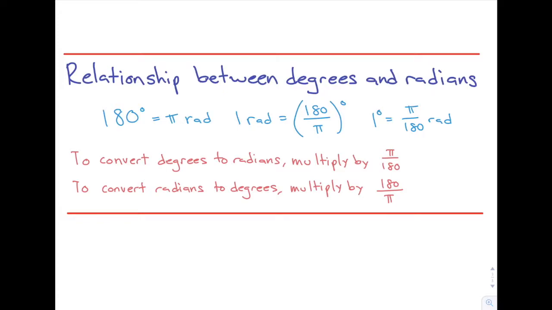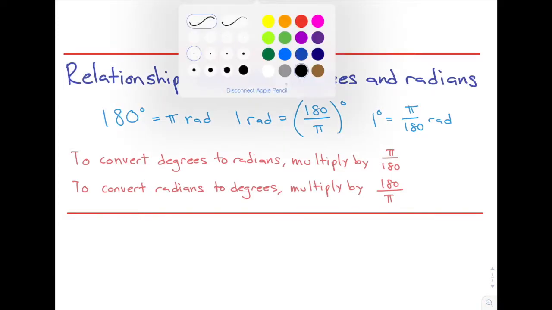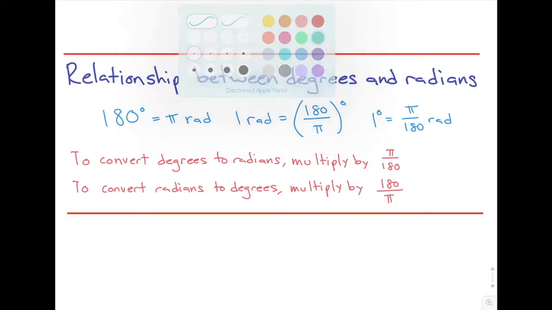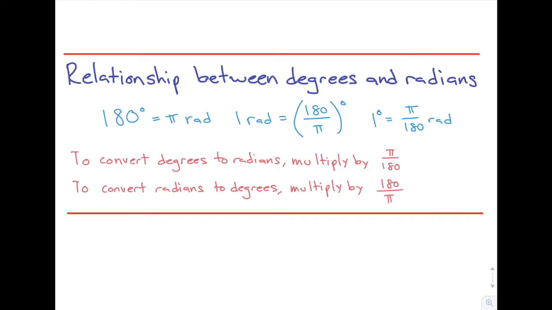As an example of something that we should know, we should have an expectation of what the answer is. If we look at pi over 2 radians, and we want to convert that to degrees, we multiply it by 180 over pi.